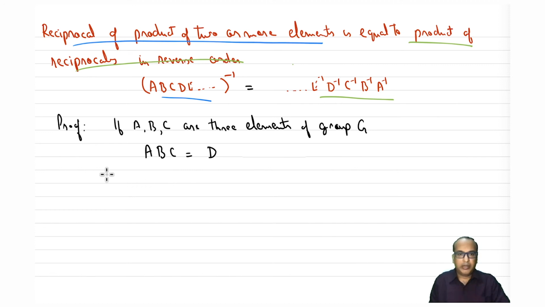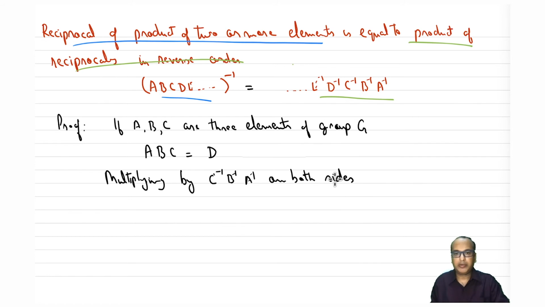So now multiplying by C inverse, B inverse, A inverse on both sides, what do we get? Let's see. A, B, C, C inverse, B inverse, A inverse gives you D, C inverse, B inverse, A inverse, right?